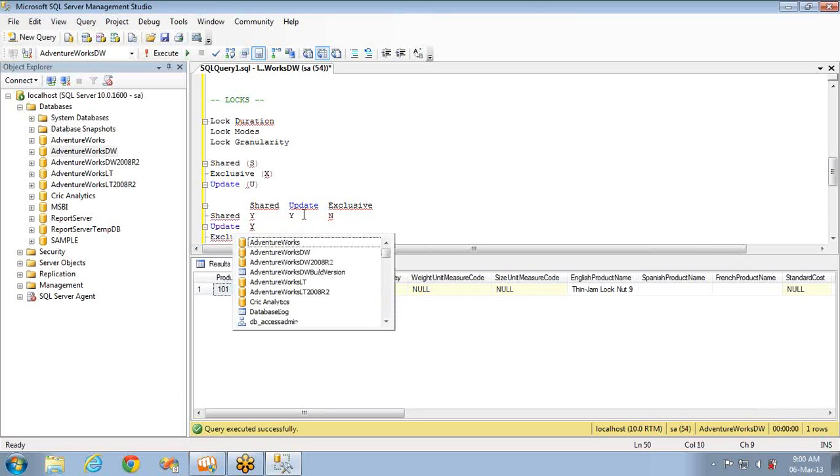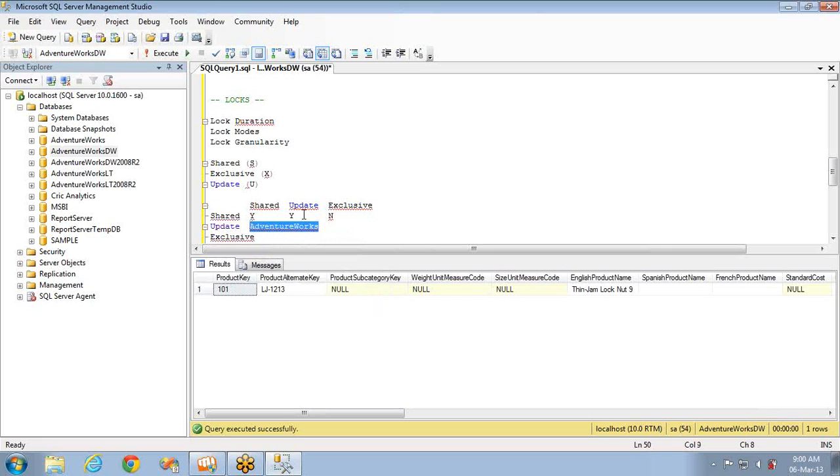And an update log cannot be set when another user has set an update log. You cannot set this. It is not compatible. And when it is an exclusive, you cannot set an update log. And the third case, exclusive, all the cases will be no.